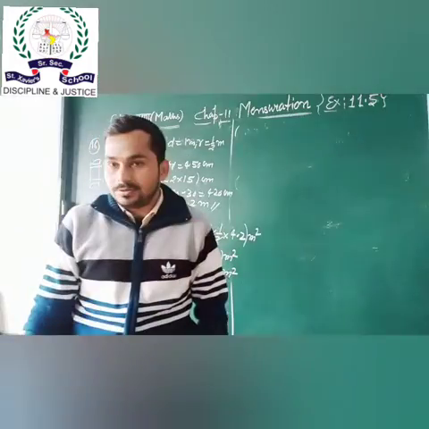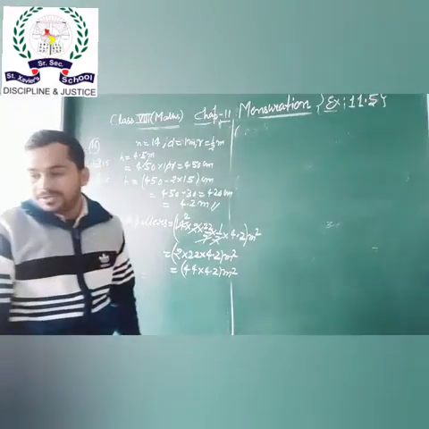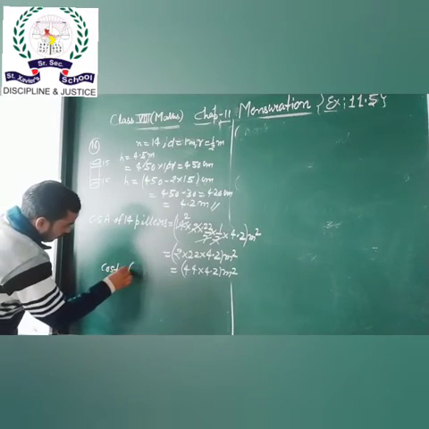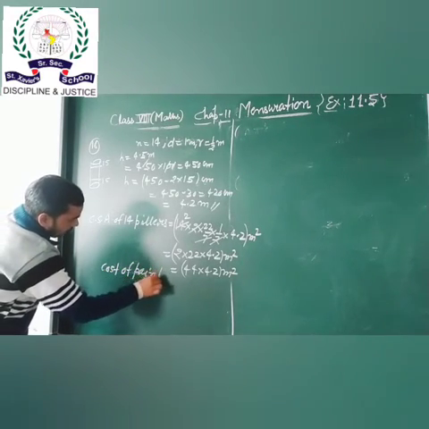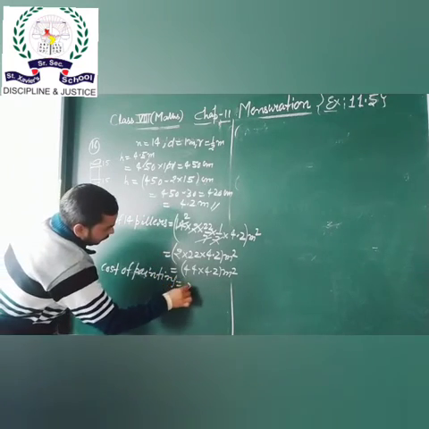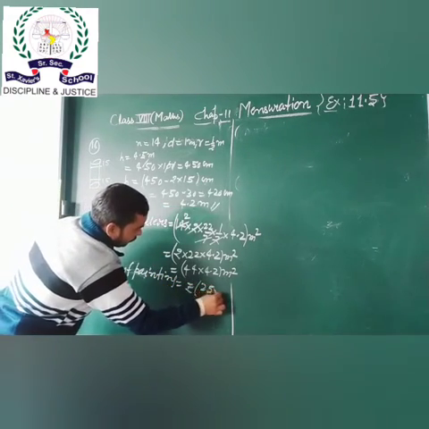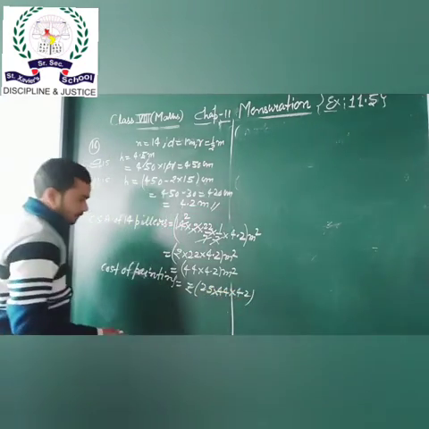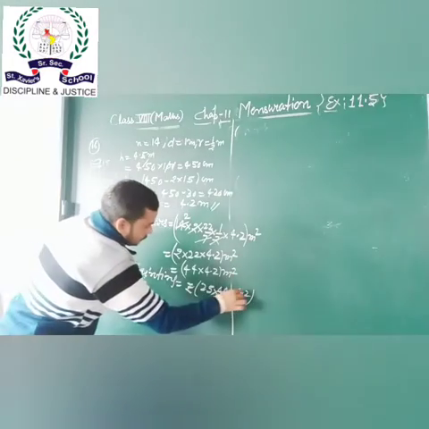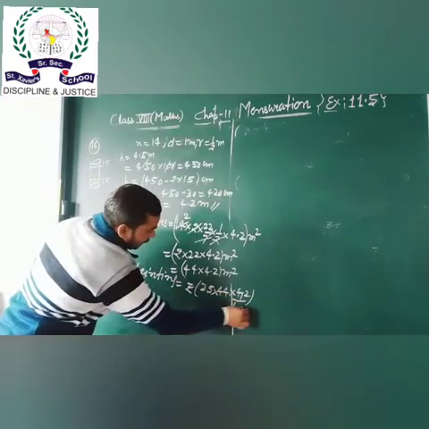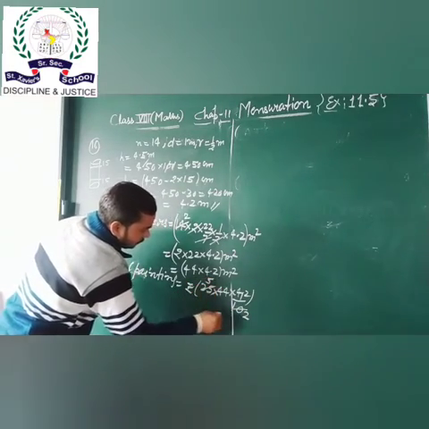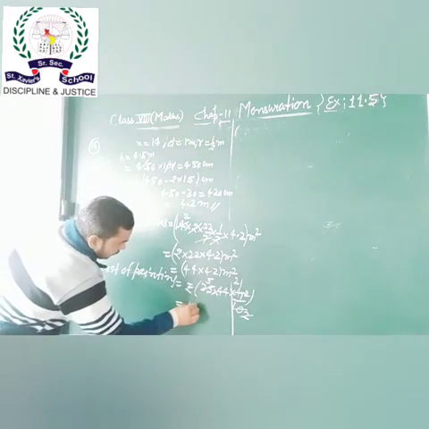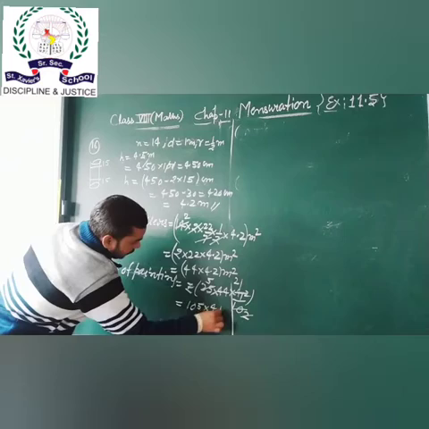Then cost is given at the rate of 25 per meter square. So cost of painting, 25 rupees per meter square. So 25 into 44 into 4.2. Decimal point remove. 10, 5 2 ja 10, 5 ja 25, 2 2 ja 4, 2 1 ja 2, 21 5 ja 1 and 5, 1 and 5 into 44.